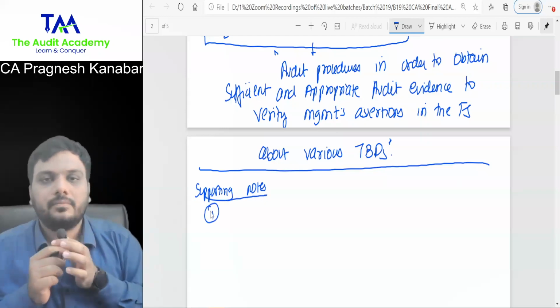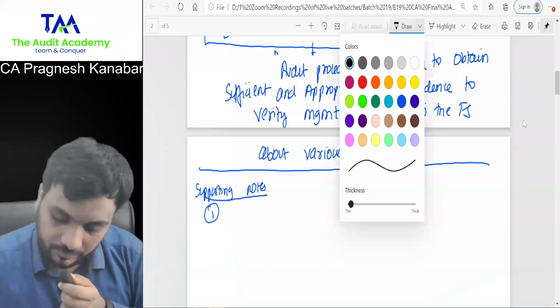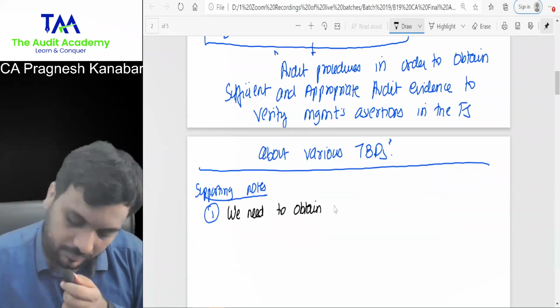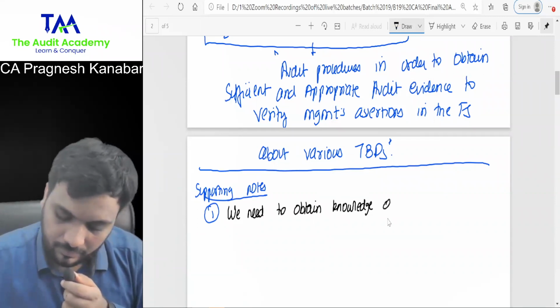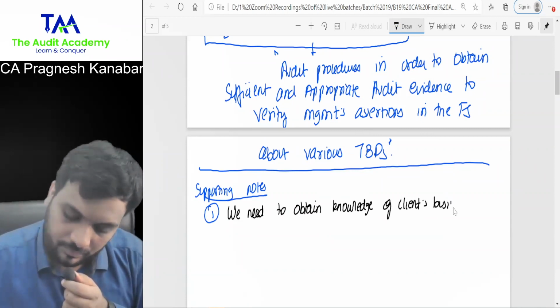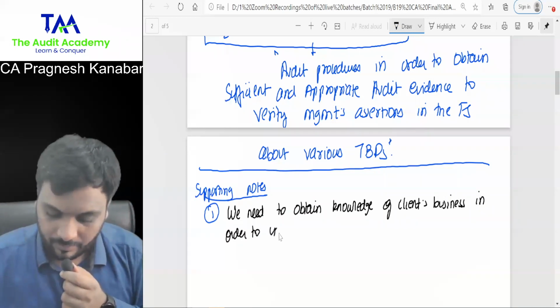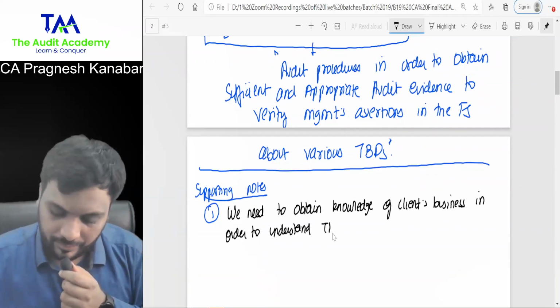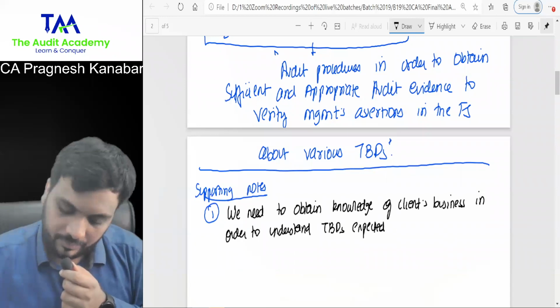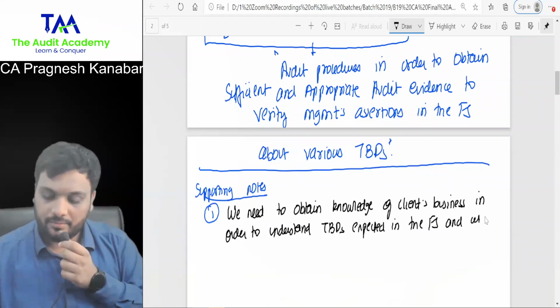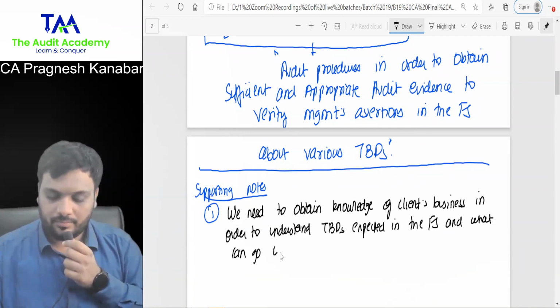First point. We need to obtain knowledge of client's business in order to understand the TBDs expected in the financial statements and what can go wrong in the financial statements.